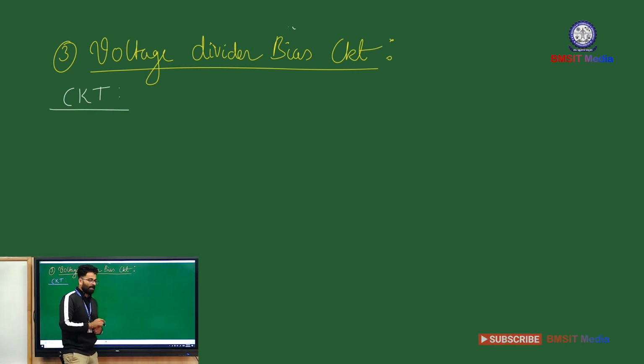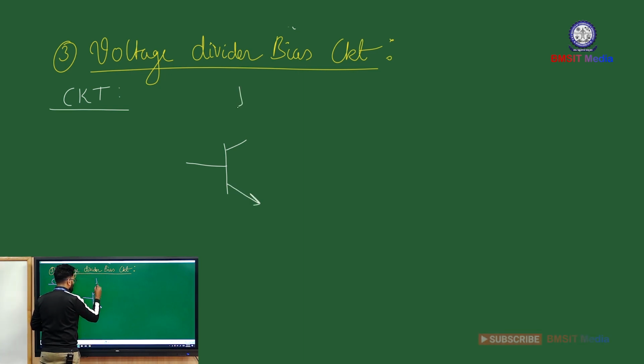So first let us draw the circuit diagram. Now I would suggest you to draw the emitter bias first, then you can convert that into a voltage divider bias circuit, because emitter bias circuit we have already studied. So first let us draw the emitter bias circuit.